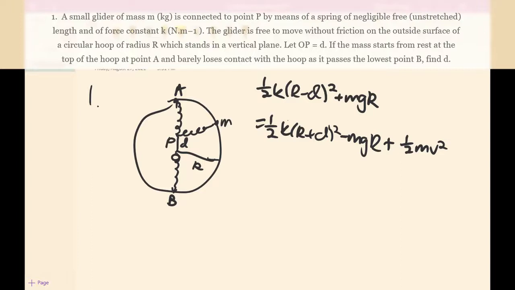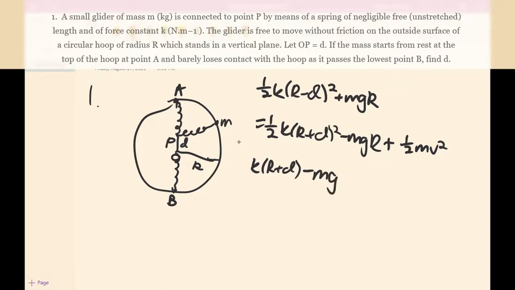And then our second equation is at the bottom of this loop. We can add all the forces on it to find the acceleration. One force is from the spring, that's obviously just K times (R plus D), and that goes up. Another force is gravity, minus mg, because that goes down.